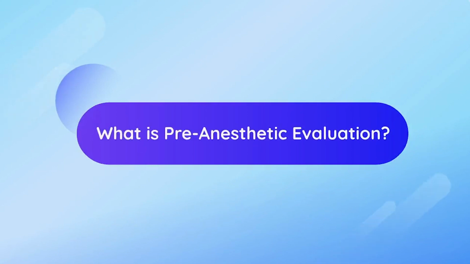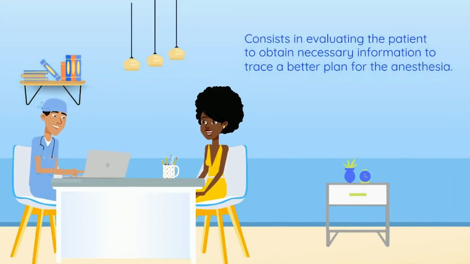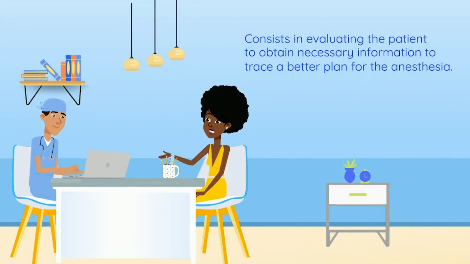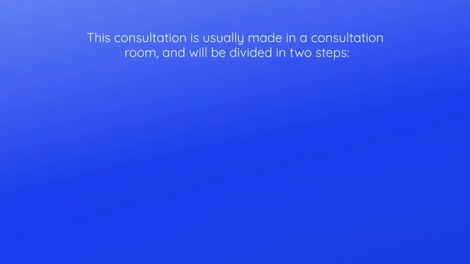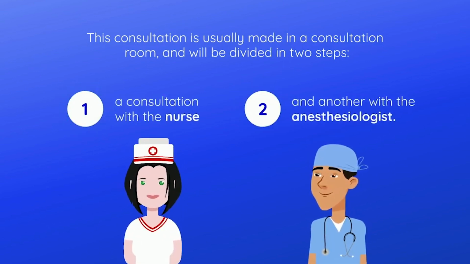What is pre-anesthetic evaluation? It consists in evaluating the patient to obtain necessary information to trace a better plan for the anesthesia. This consultation is usually made in a consultation room, and will be divided in 2 steps, a consultation with the nurse and another with the anesthesiologist.